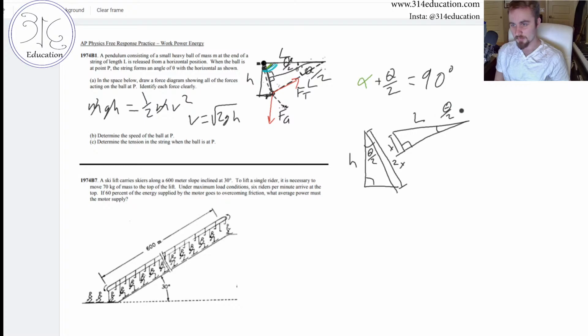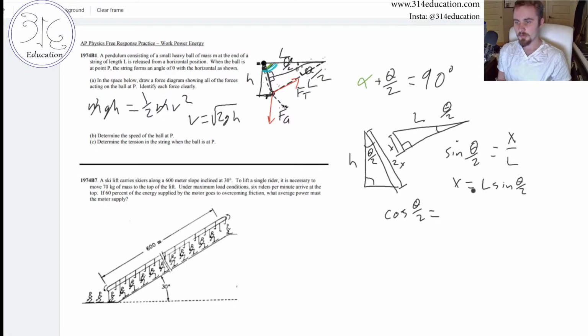So this is L times the sine, because that's opposite over hypotenuse. So the sine of theta over 2 gives us x over L, giving us that x is equal to L sine theta over 2. And then h is the cosine relation, because the cosine of theta over 2 is going to equal h over 2x.